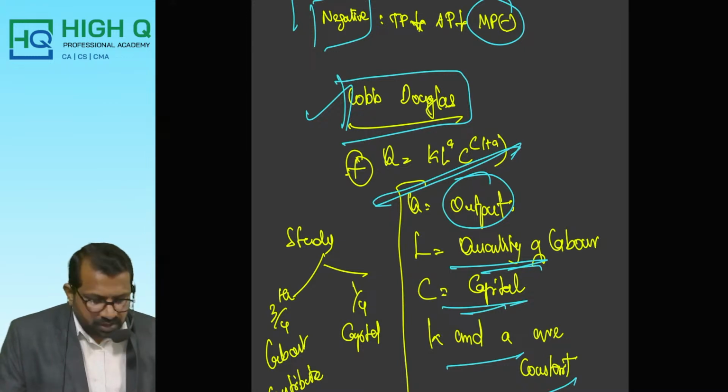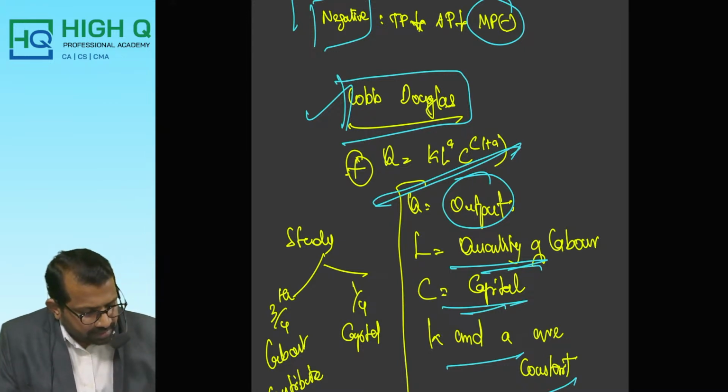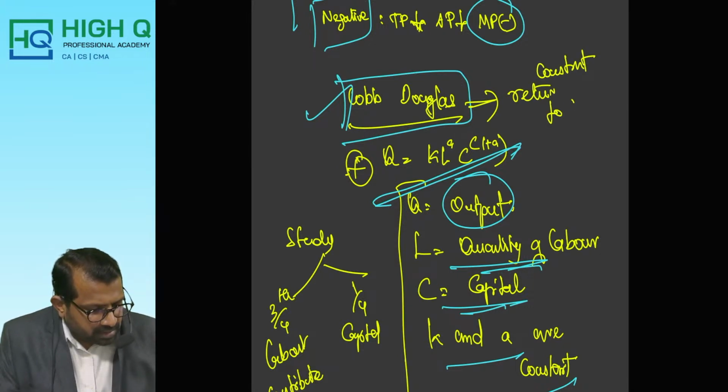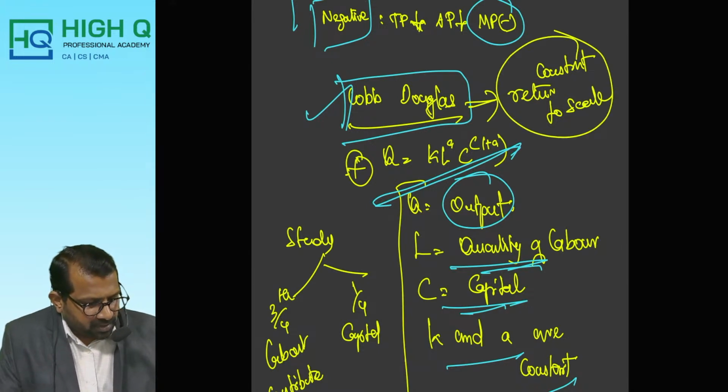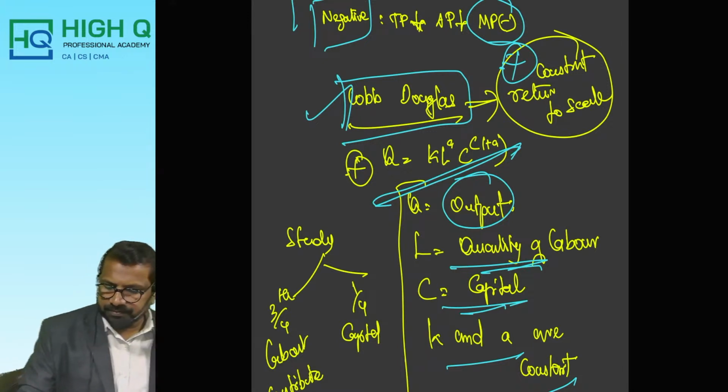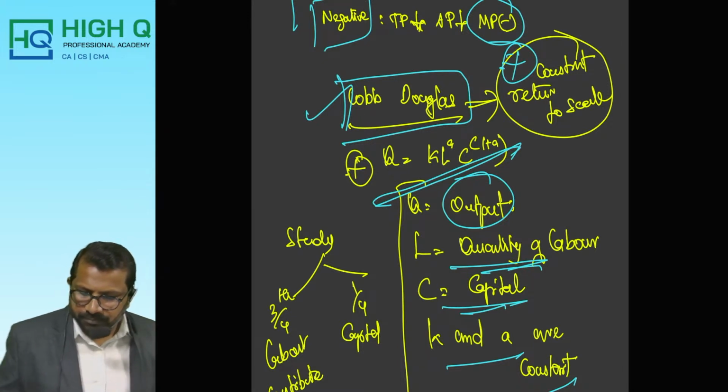It shows constant returns to scale. What returns to scale does this function show? Constant returns to scale. Mark it as important.